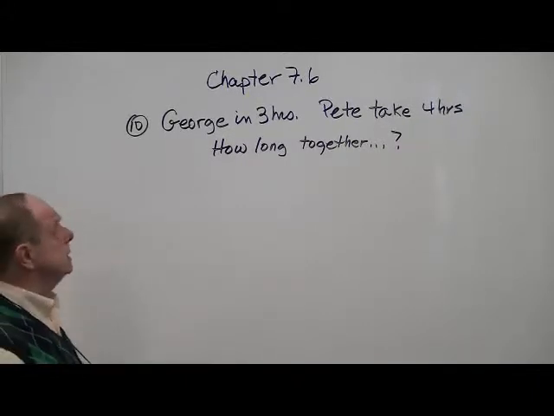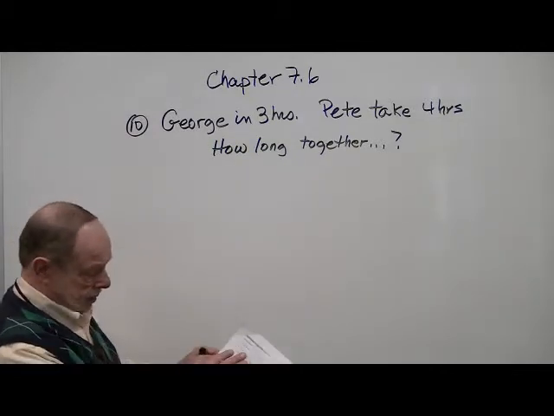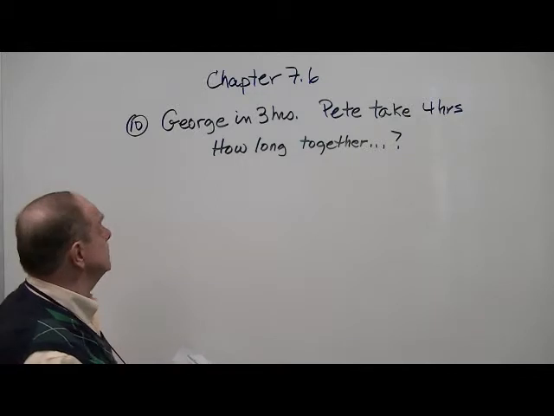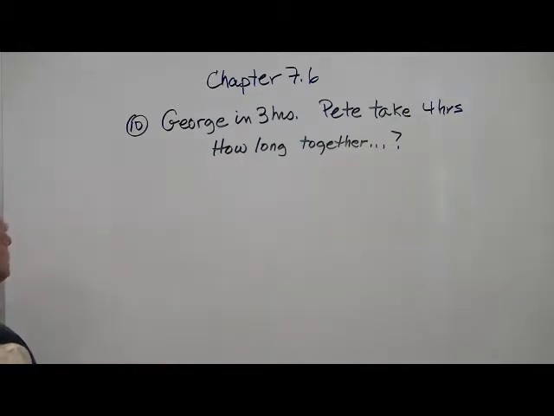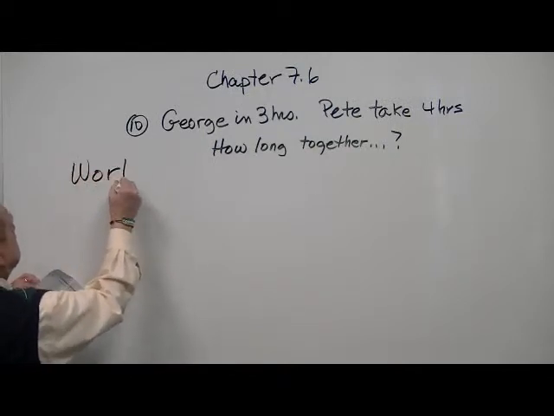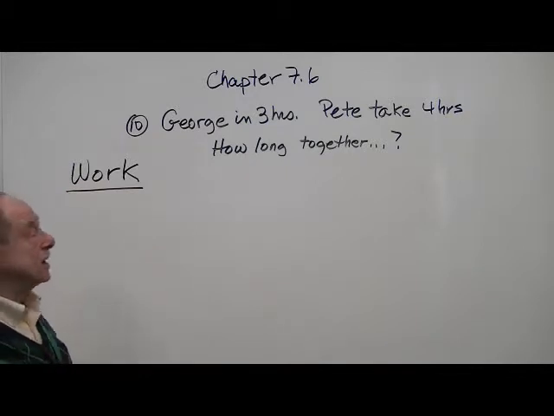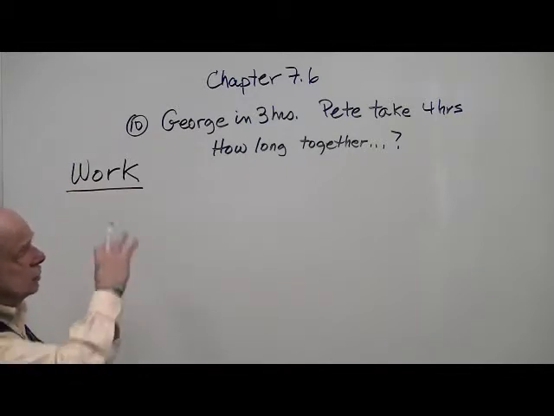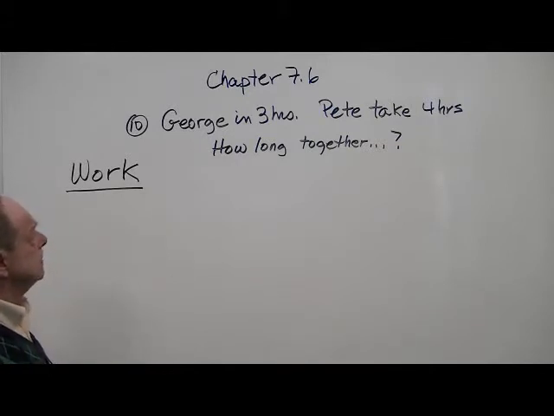So as we continue on topic 6 of chapter 7, we're continuing with the word problems. Here, this type of problem is called a work problem. People are doing work, and I've shortened it, but I have the essence of what's needed.